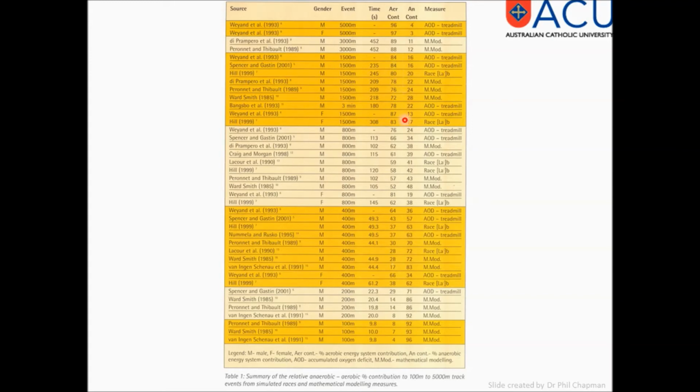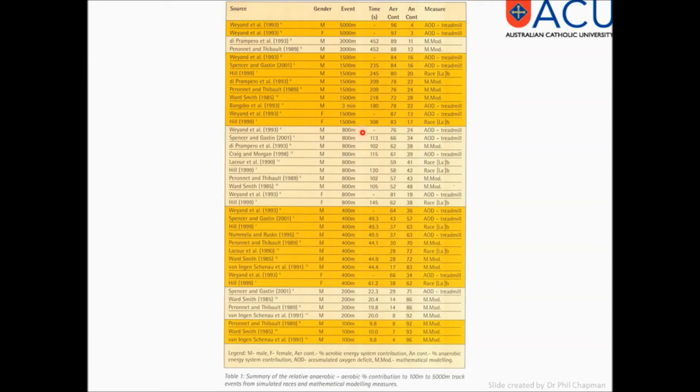So there is a reasonably significant anaerobic contribution, around 15 to 20% for the 1,500 meter race. This is because 1,500 meters is run at above VO2 max, so at around 125% VO2 max. So that requires an anaerobic contribution.